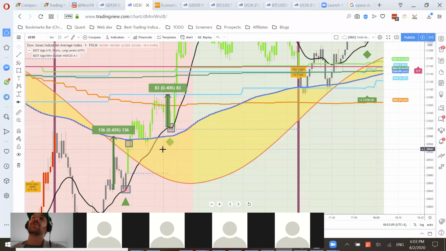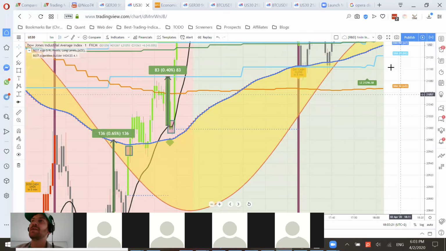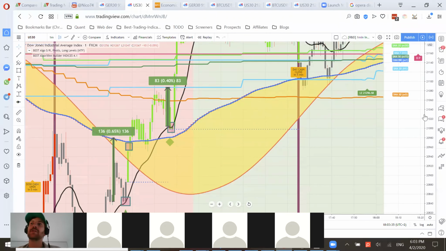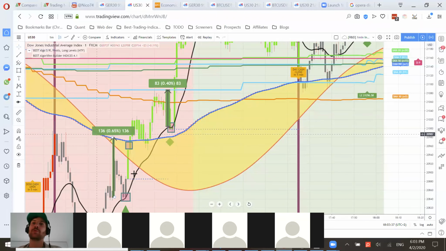This cloud is based on two moving averages. It doesn't need to be very smart to figure out that one of the moving averages is the EMA 180 in 1 minute, and the other is based on a moving average that I developed myself, which is not on TradingView. And should you use this other one as a support and resistance or as a take profit zone? No.